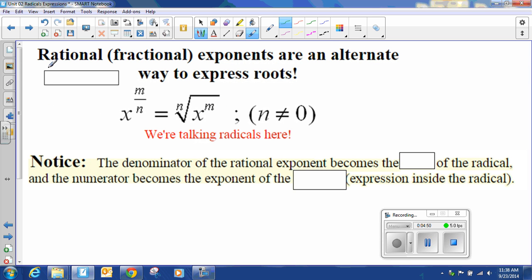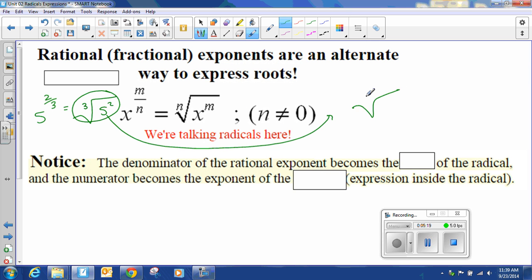If we use numbers instead of these variables, we have 5 to the 2/3 power, which is equivalent to the cube root of 5 squared. And you will also notice that this expression can be equivalently written as the cube root of 5, all in parentheses, squared. They're exactly the same thing.